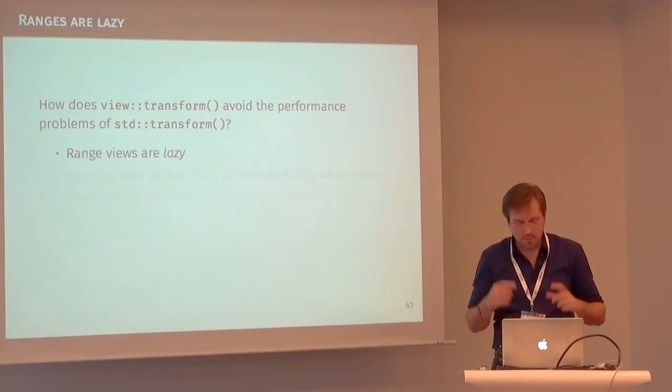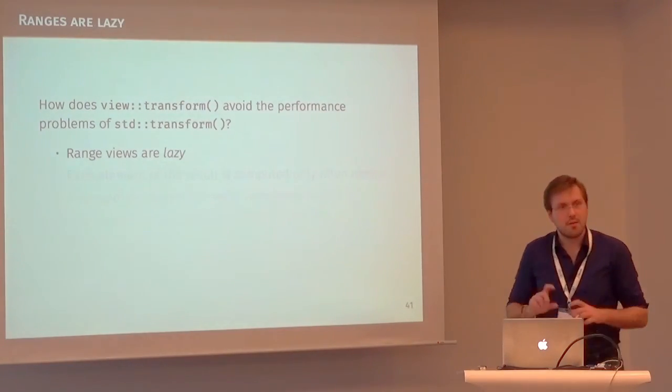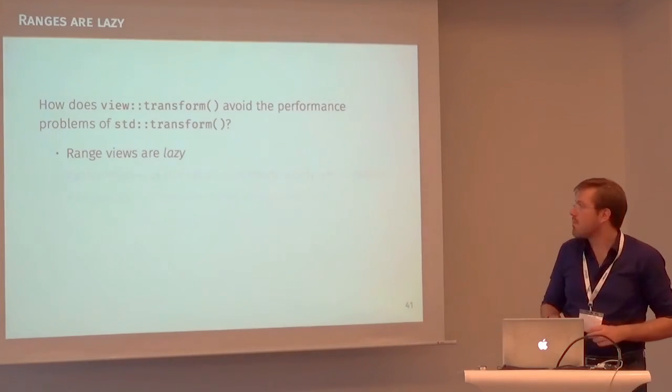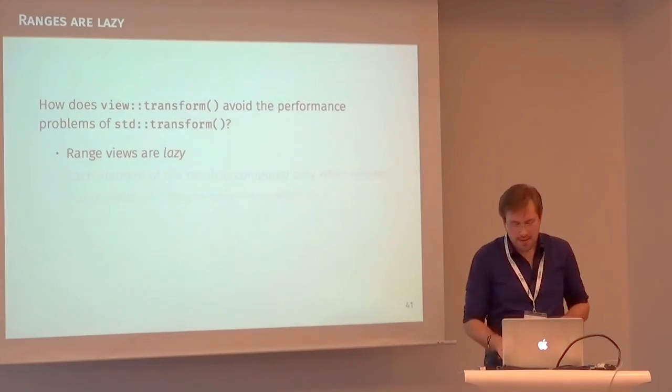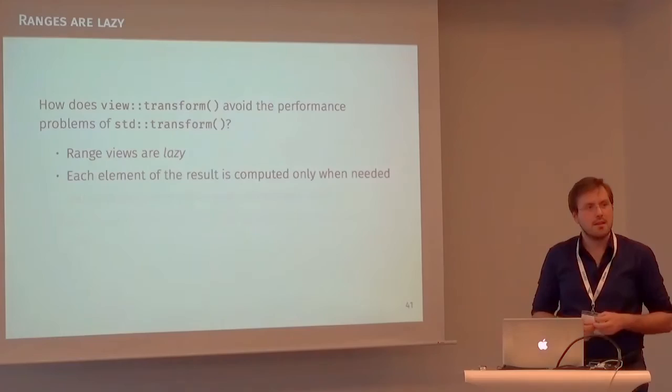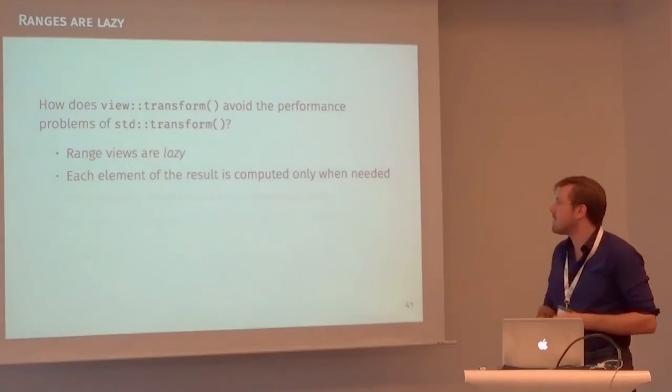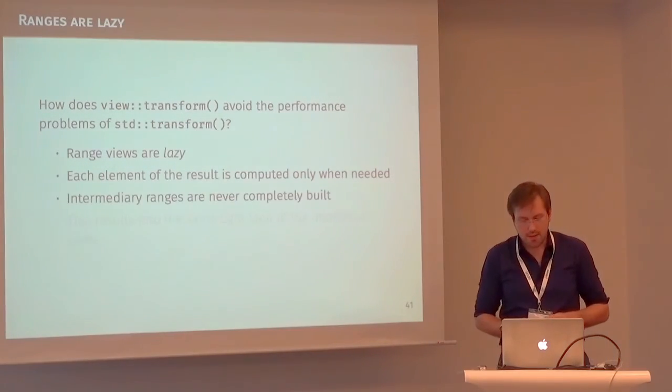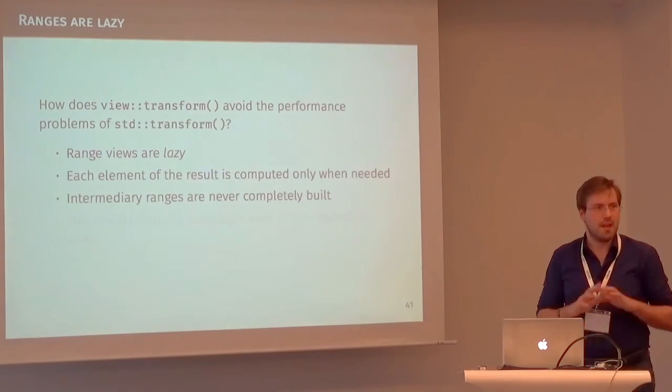And we are going to step into the third main point of the talk, that is laziness, okay? That means that each element of the result sequence is computed only when needed, okay? Intermediary ranges are never completely built, never, okay?